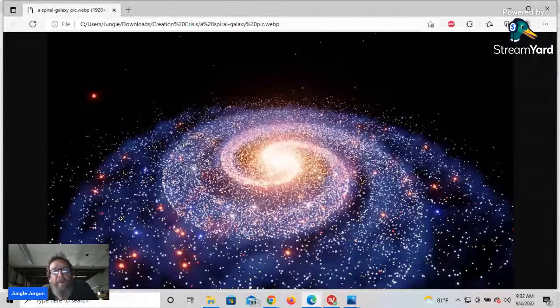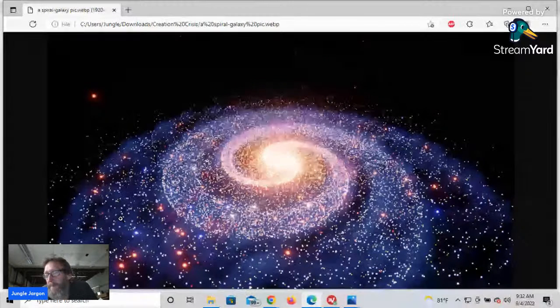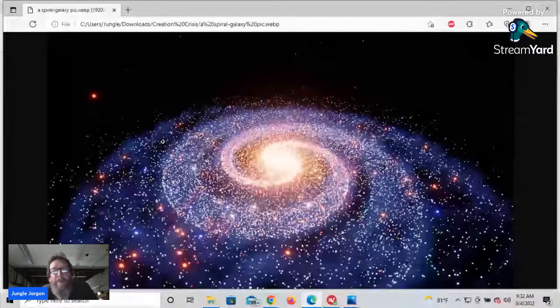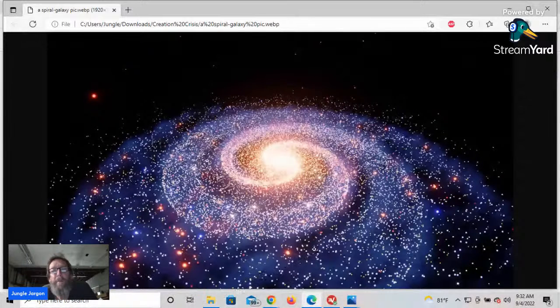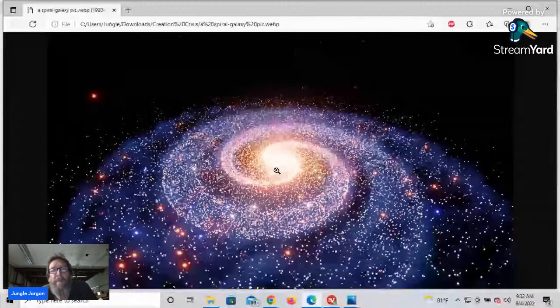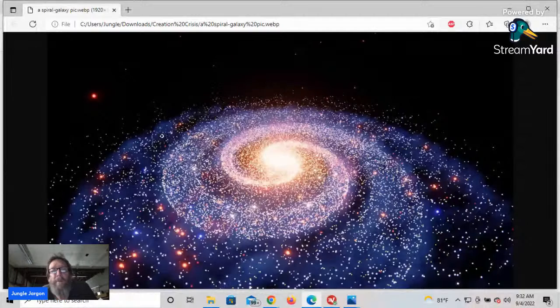But the real reason for the spiral arms moving faster out here is because the rate of time out here is not the rate of time in here, in the center. So time goes by faster out here than it does in here in the center. Likewise, the measure of distance is expanded out here a lot more than it is in the center.